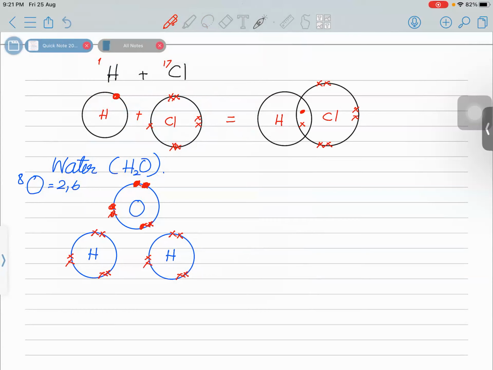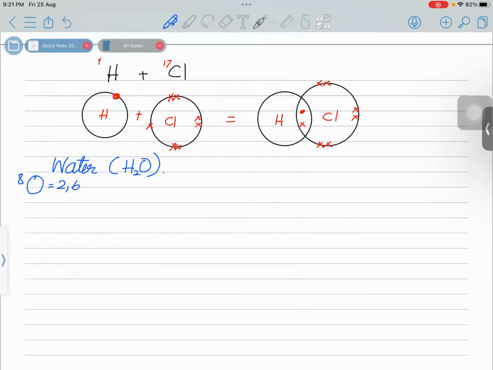Sir, there's 6 electrons in the oxygen. How many electrons in hydrogen? Sir, one electron in each. Very good, very good, very good. So you know how the covalent bondings are formed, right? Now you have passed this test.